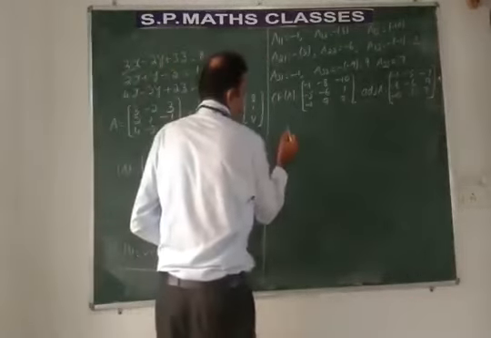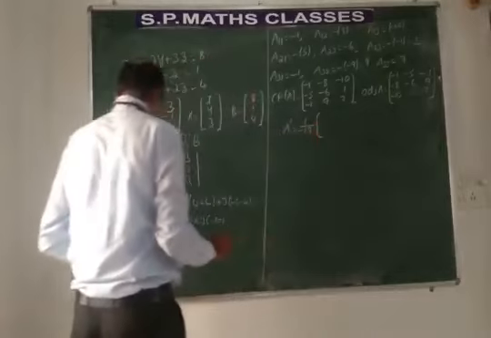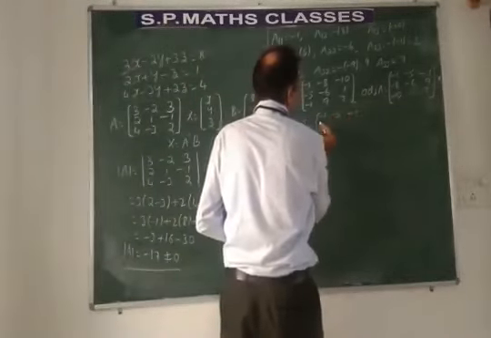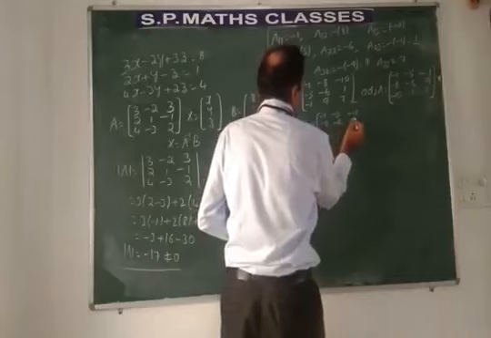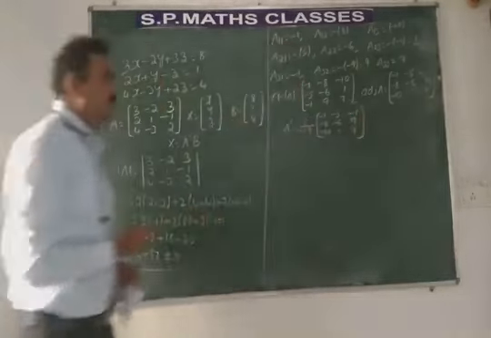What is A inverse now? 1 by determinant A, minus 1 by 17 into minus 1, minus 5, minus 1, minus 8, minus 6, 9, minus 10, 1, 7. This is what A inverse is.